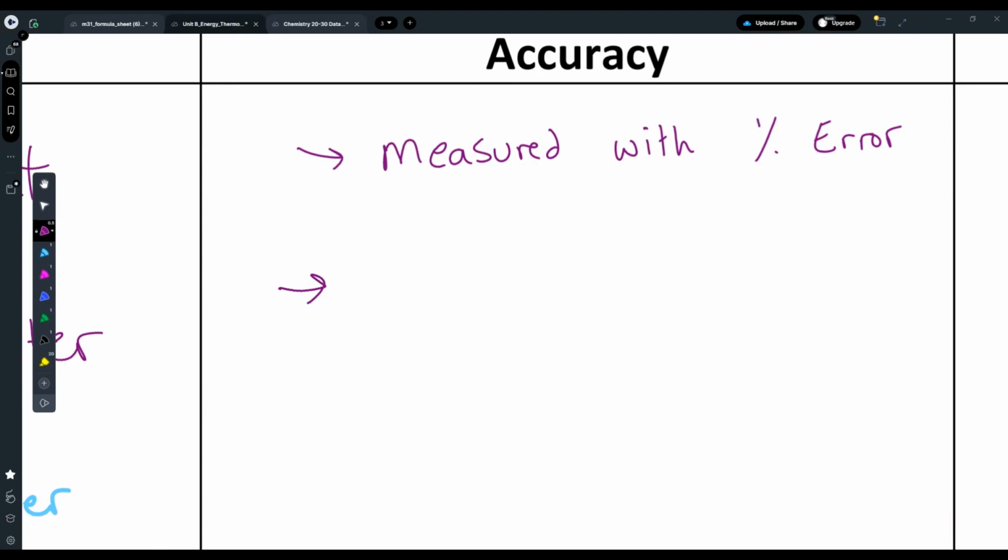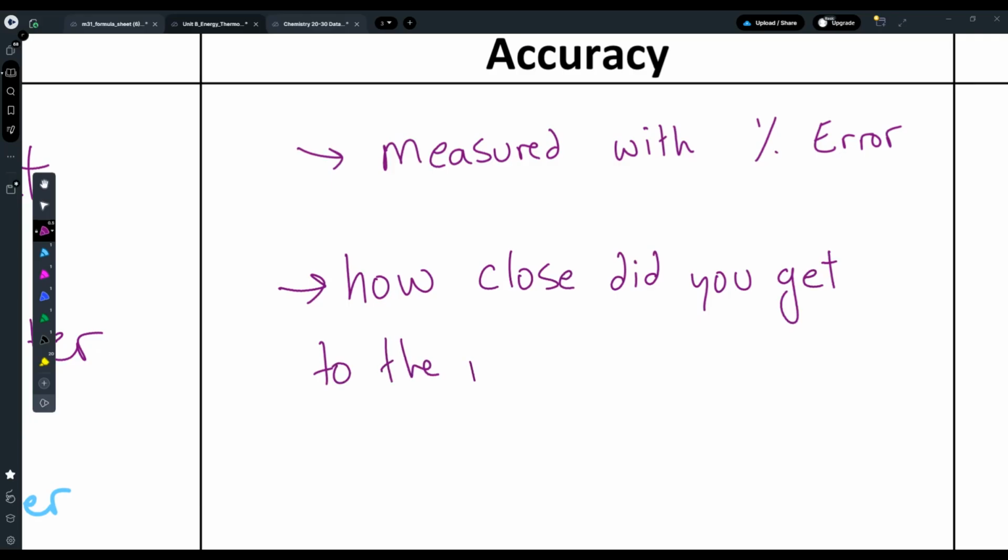Okay, so like I said, accuracy is how close did you get to the predicted value. So in chemistry, we would call this the theoretical value.